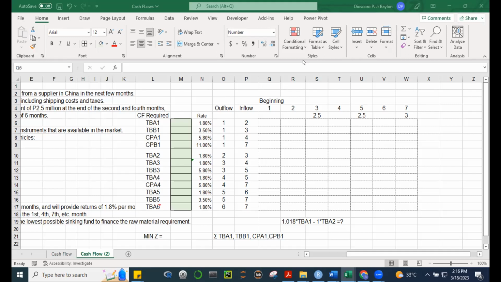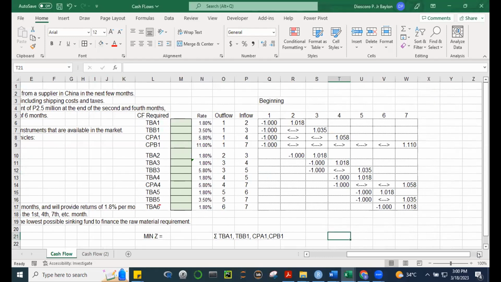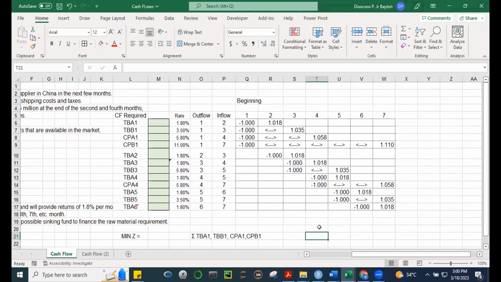Let me also pause recording. Okay, your task was to create one formula to capture all these factors, including -1 if the investment is an outflow, the 1 plus the rate for the investment that has matured, and then this symbol if it's an open investment, and nothing, no mark here, if it's neither of them.